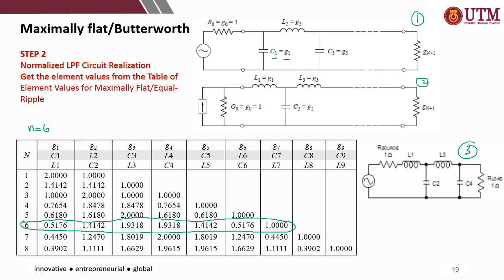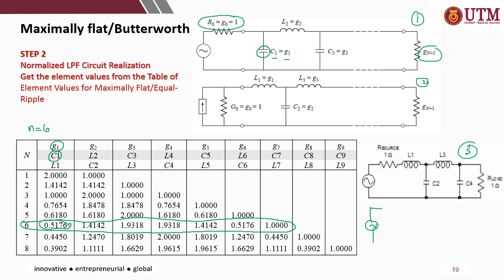So in this case, if you use the first configuration, the first one is a capacitor. So the first value is G1 for the capacitor, 0.5176. Let's draw this one. If n equal to 6, the first component, the resistor and the load, will always be normalized to 1.